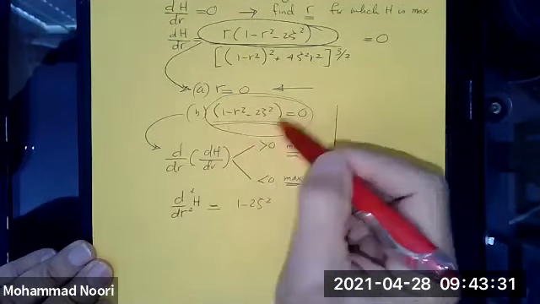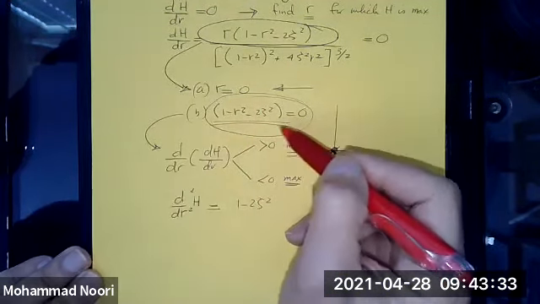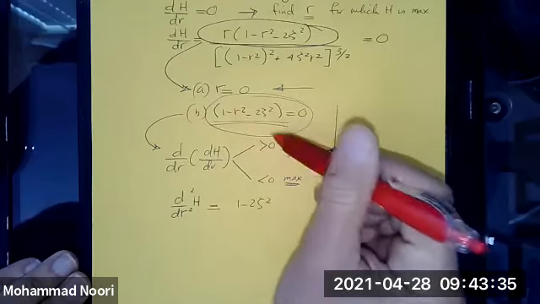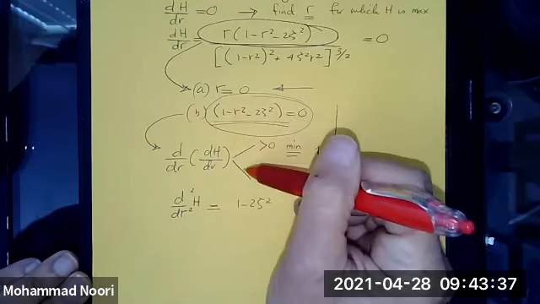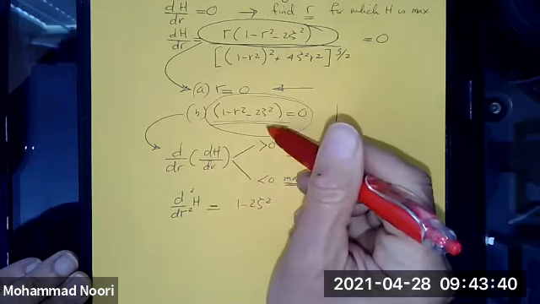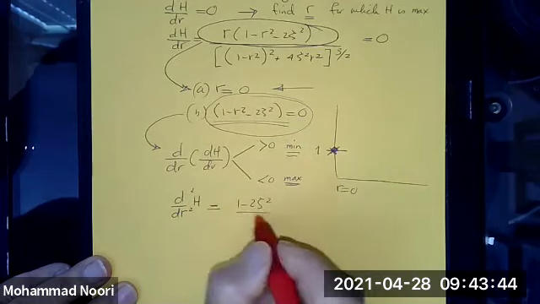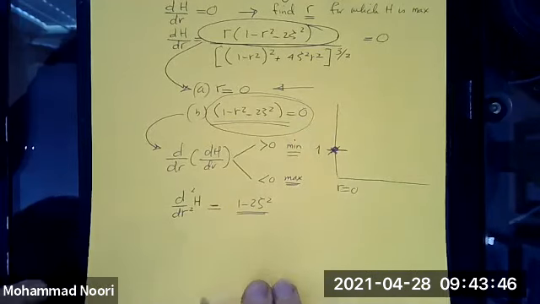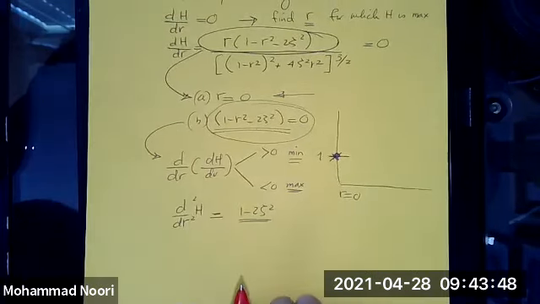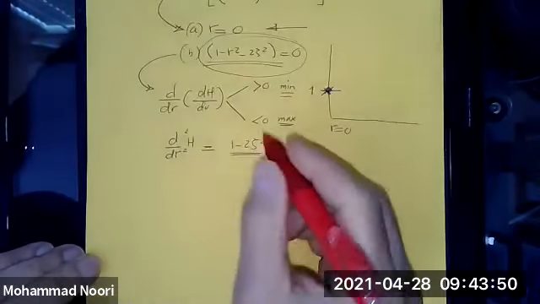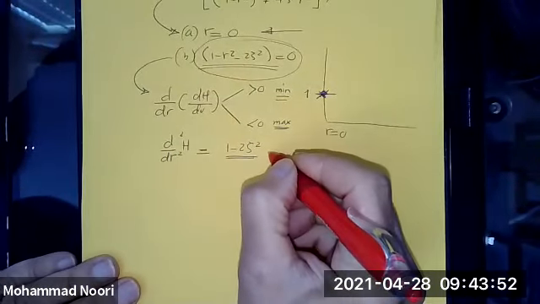Take the derivative of this with respect to R, and you will see that you get this, right? So now, when would this be positive?